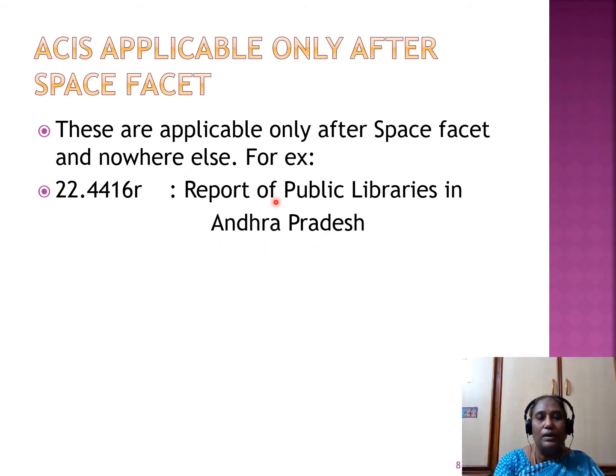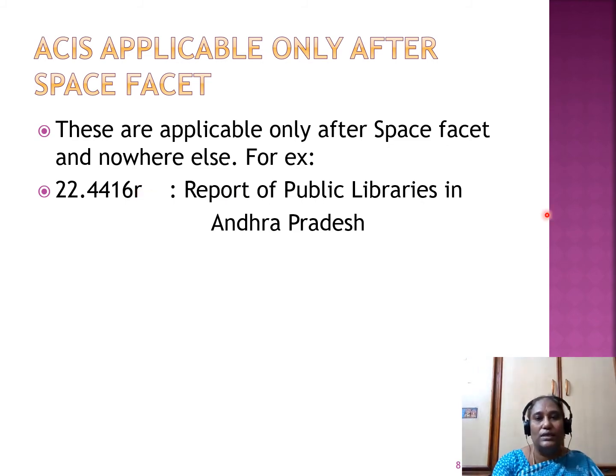In this example, according to Colon Classification, 2 is the basic subject for library science and 2 is for public libraries, and dot 4416 is known as Andhra Pradesh. This is space and small r is meant for report. So this is the anterior r, here r is an anteriorizing common isolate. We are attaching this isolate after space only. So after space r should be here.